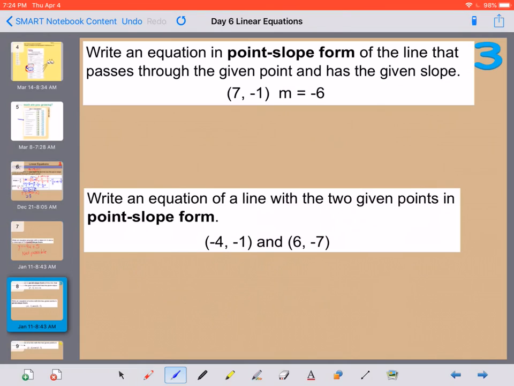Okay, next one, write an equation in point-slope form of the line that passes through the given point and has the given slope. Okay, so this one we actually have a point, so we can write this. Remember, we're writing this in y minus y1 equals m times x minus x1.